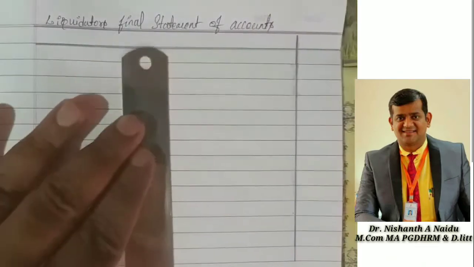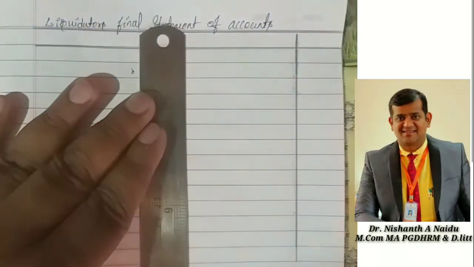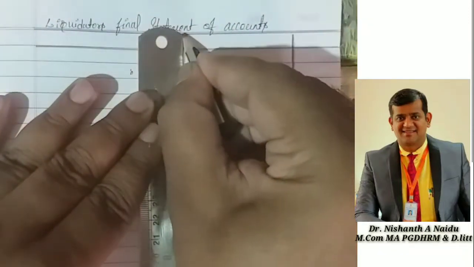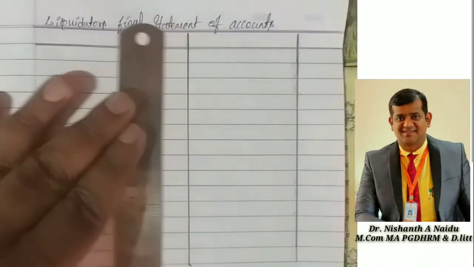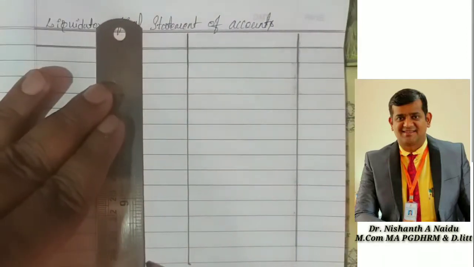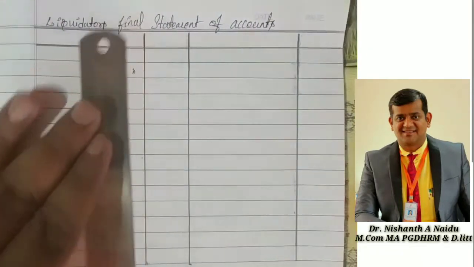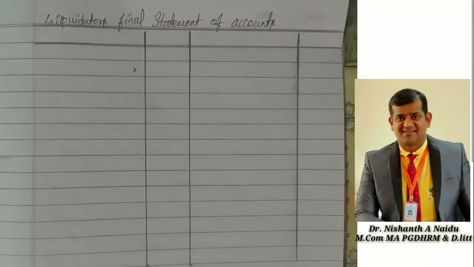So try to understand how we are going to draw the table for liquidator's final statement of accounts. The same columns, that is particulars, rupees, particulars, rupees.